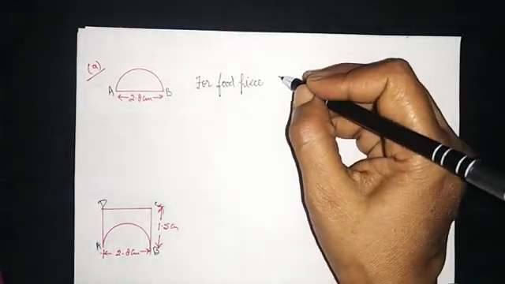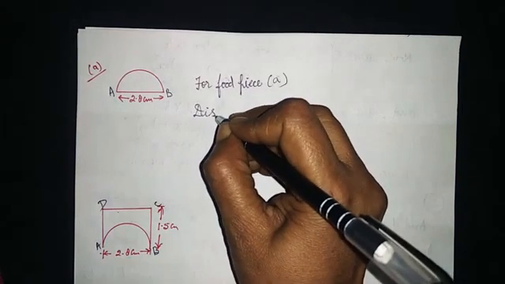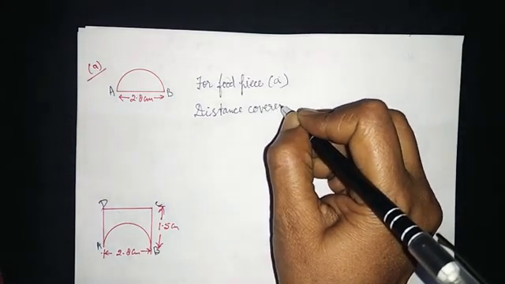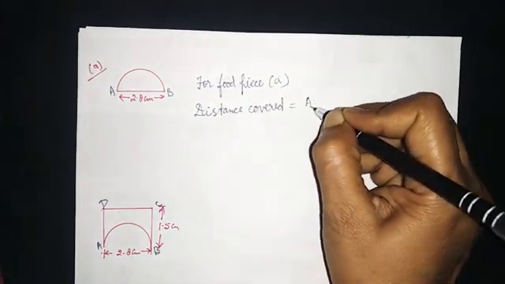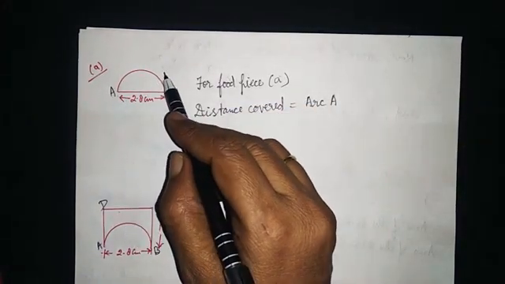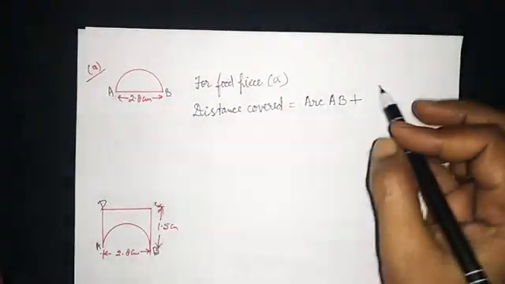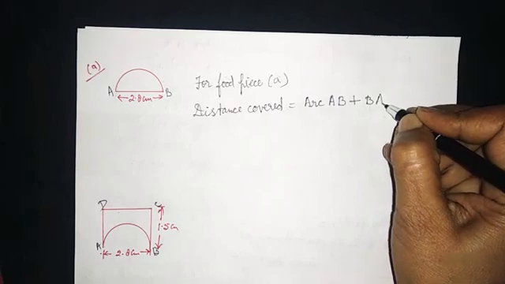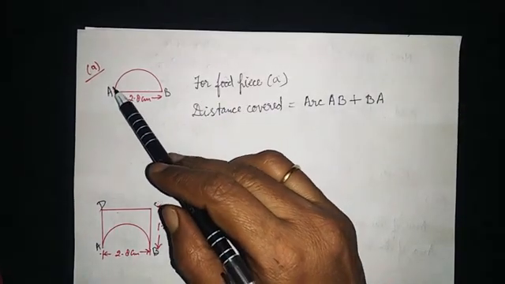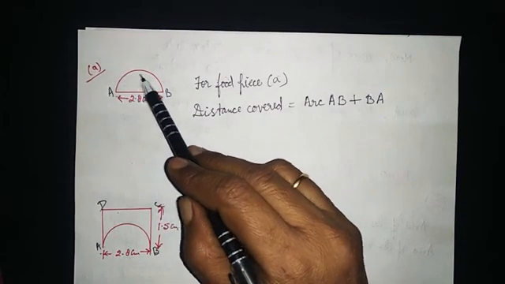For food piece A, what we will do? Distance covered is equal to arc AB and the distance BA. Okay, because she takes a complete round around the food piece.